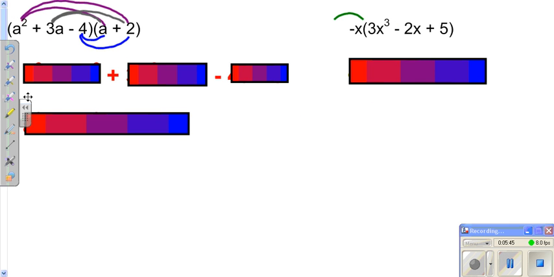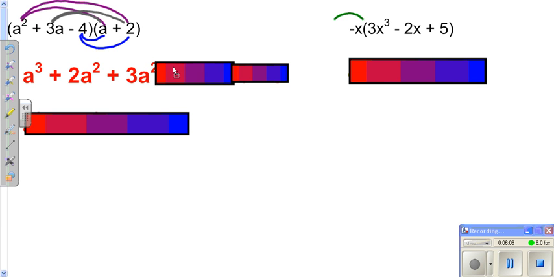So here, on this first one, we're going to have to do something similar to the foiling, but it's technically not FOIL, because foiling is only 2 terms times 2 terms. Here we have a trinomial times a binomial. You need to take your a squared times your a, a squared times your 2. Now you got to take your 3a times your a, 3a times your 2.